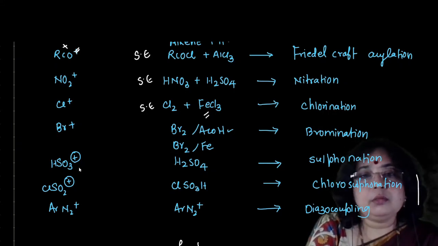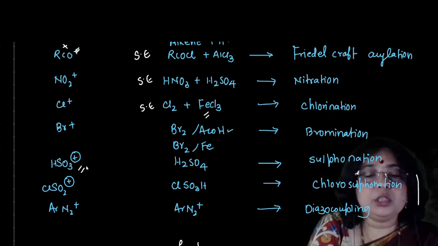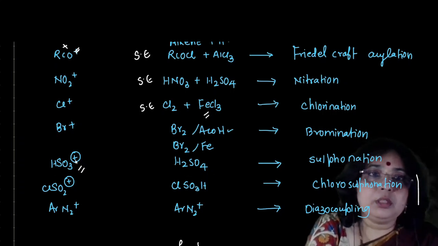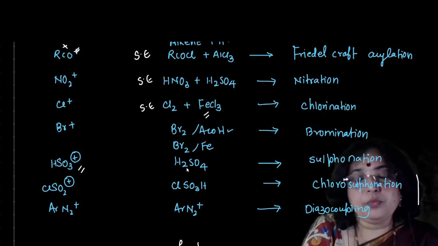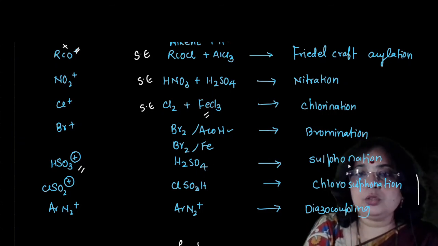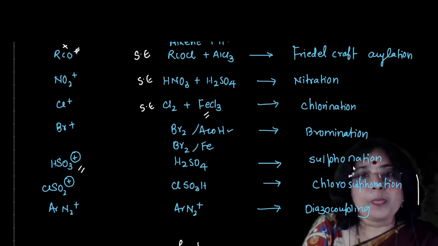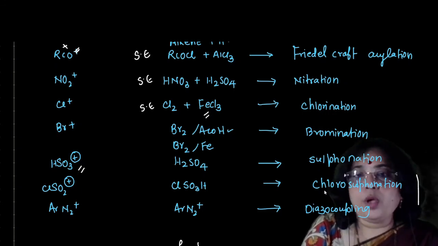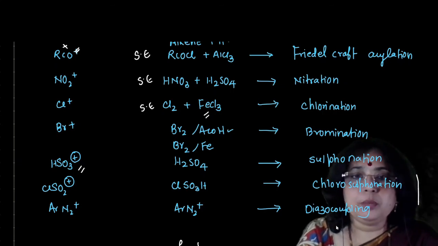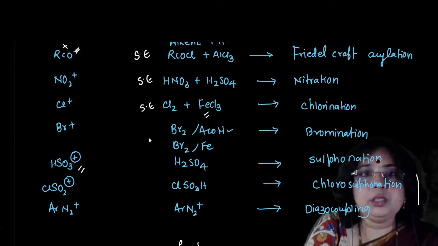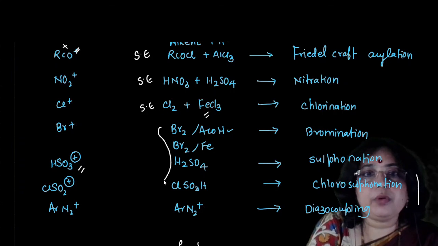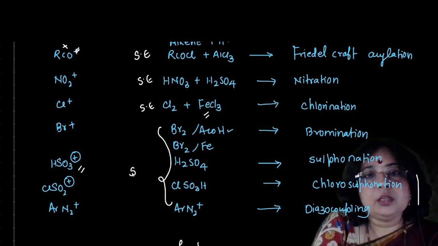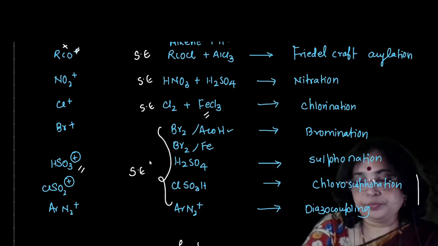And here this is for sulfonation. This electrophile is generated from sulfuric acid. The reaction is called sulfonation. Likewise, you have the respective chlorosulfonation and diazo coupling. In this way, all these are the synthetic equivalents.